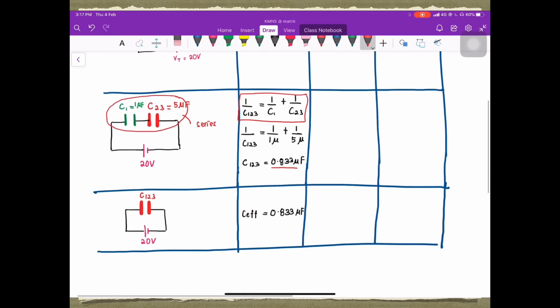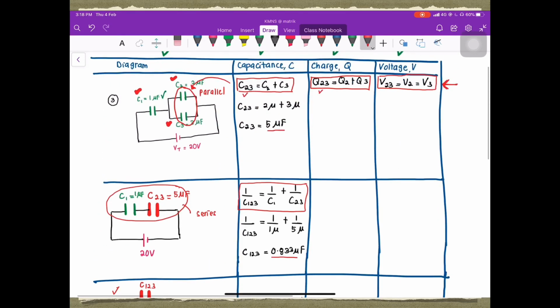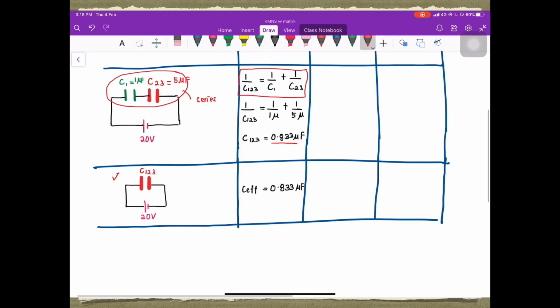Therefore, we need to draw the last diagram from the complicated one. Here is complicated, right? We need to draw until we get the single capacitor. Just write all the total value here.